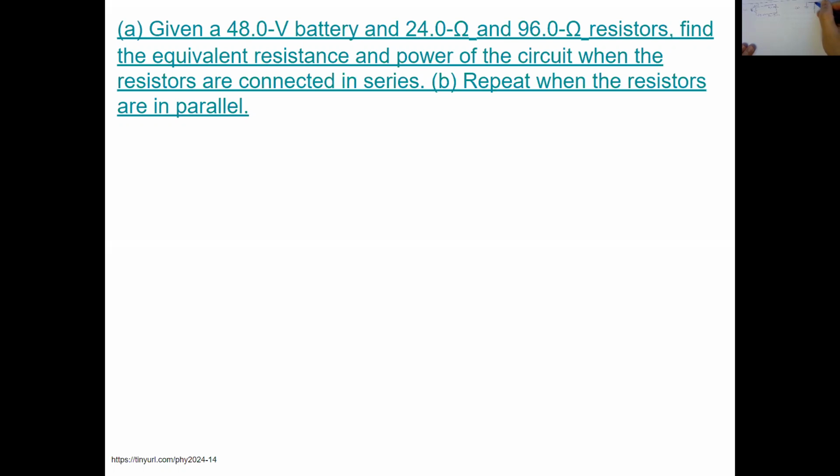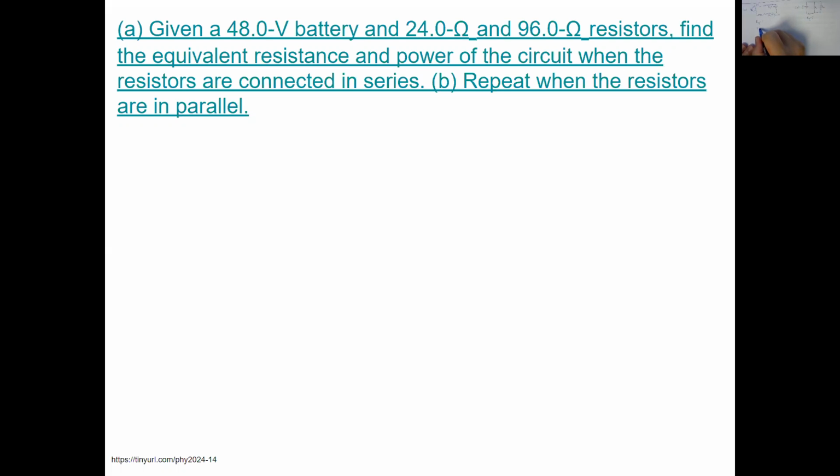You might have a switch in the circuit. This is R1, this is R2, this is your battery. You're looking for R equivalent for each of these cases, and also the power of the circuit itself.